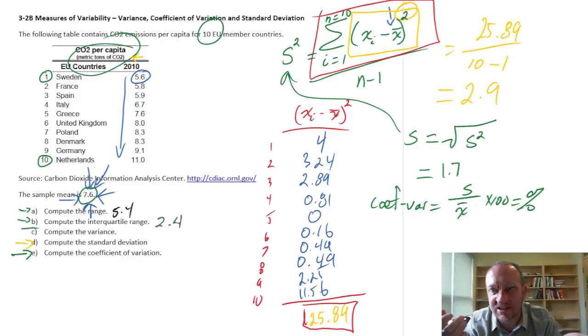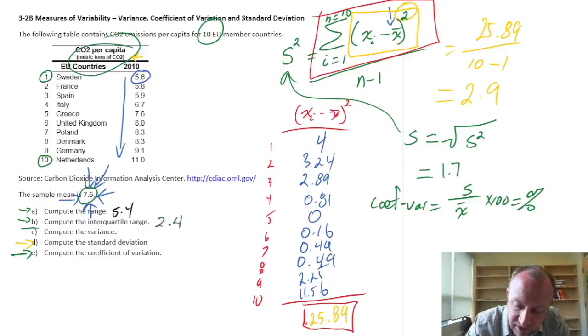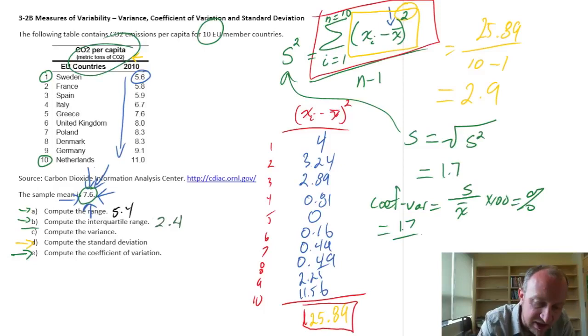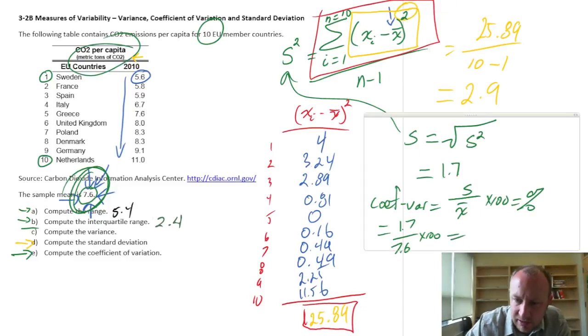So it's the standard deviation as a percentage of the sample mean. And so if I fill in my numbers, this is 1.7 divided by our same mean over here, 7.6 times 100. Let me get my calculator.